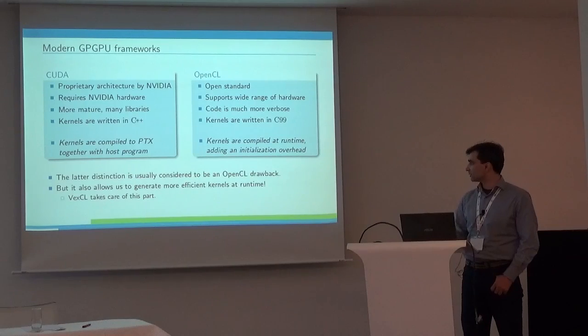Usually this distinction is considered to be an OpenCL drawback because it takes more time to initialize your program. But it also allows you to generate more effective kernels at runtime, which are specifically suited for your current needs. And VexCL is providing you this ability.